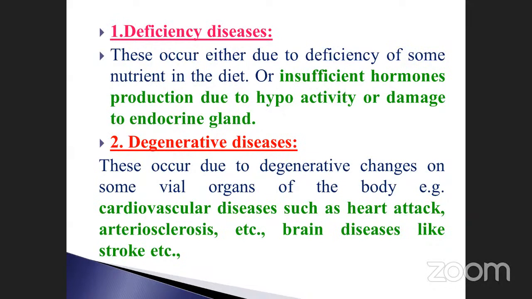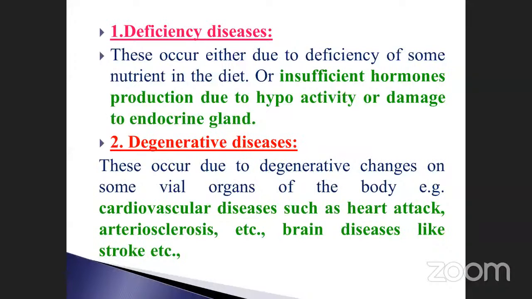Your body is made up of many metabolic, catabolic, and anabolic processes: protein metabolism, carbohydrate, lipid, enzymes, hormones, and vitamins also.